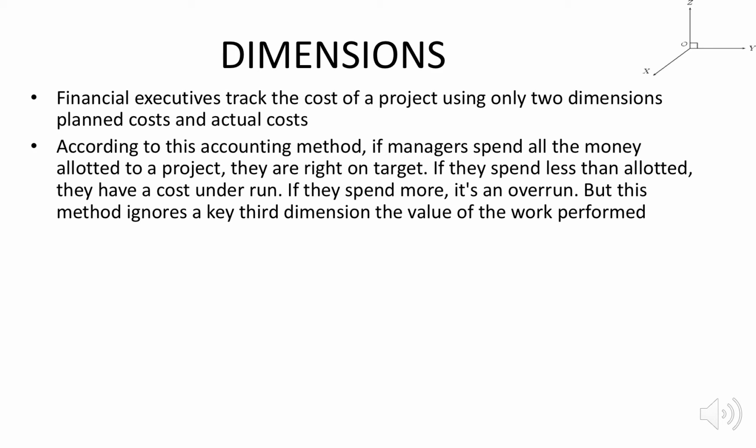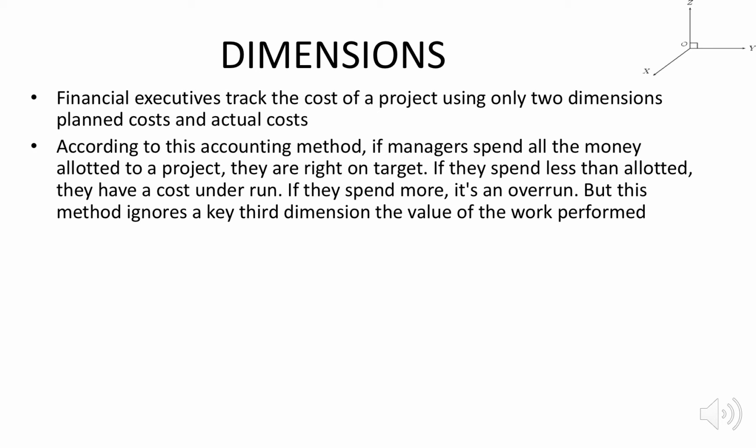According to the accounting method, if managers spend exactly all the allotted money of the project, they are said to be right on target. If they spend less than the allotted amount, it is called underrun. If they spend more, it's called overrun.